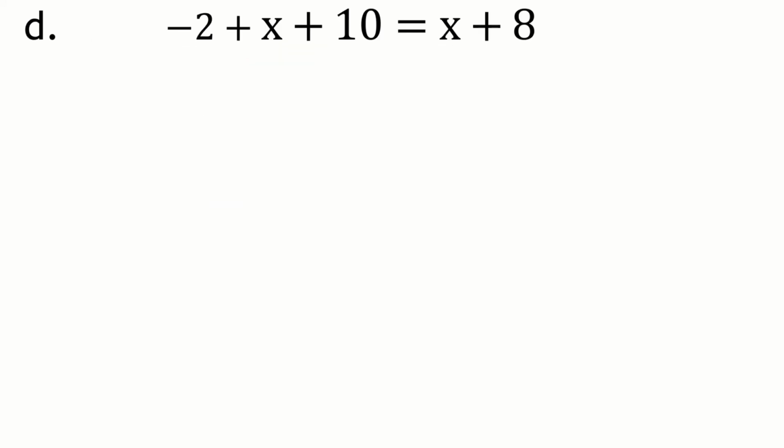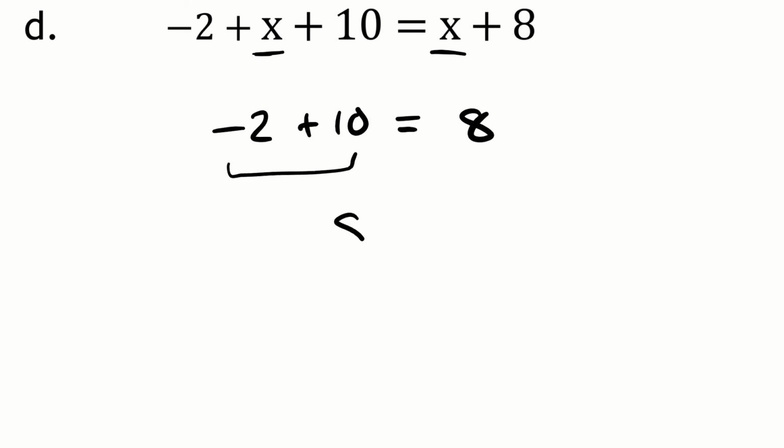So in part D, I do have an x on both sides. And if I subtract x from each side, on the one side I have a negative 2 plus 10. On the other side I'm going to have an 8. When I combine negative 2 and 10, I end up with 8. So this collapses to this statement, 8 equals 8.